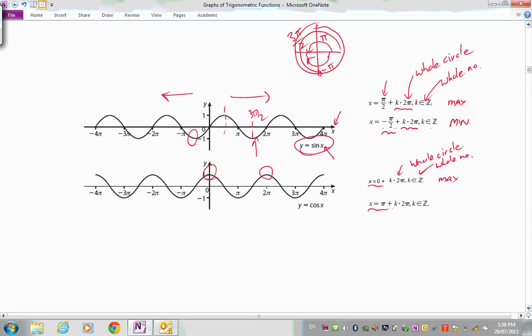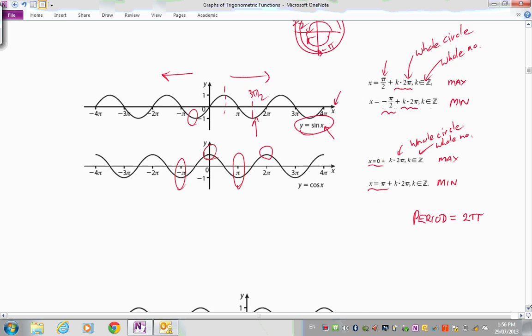And then, of course, it had a minimum at x is pi, or neg pi if you wish. Over at neg pi, it'll be a minimum as well. So we could write the same type of expression for the minimum. So are you seeing that the period of both of these functions is 2 pi, or 1 circle's worth, if you like? Okay, let's keep going.